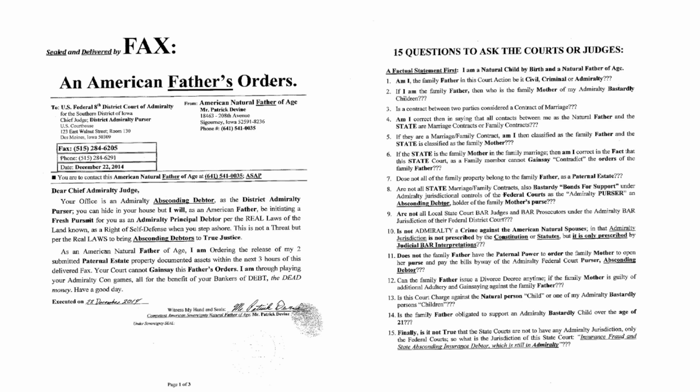A factual statement first. So you make this: I am a natural child by birth and a natural father of age. As soon as you turn 21, you are a natural father of age. First question: Am I the family father in this court action, be it civil, criminal, or admiralty?